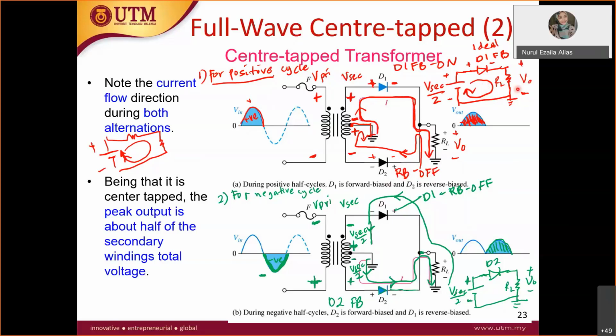We'll look at an example later with values so that you can imagine. For the negative cycle, D1 is reverse biased and D2 is forward biased. You draw the equivalent circuit like this, get the V out, and draw the output value here positive.